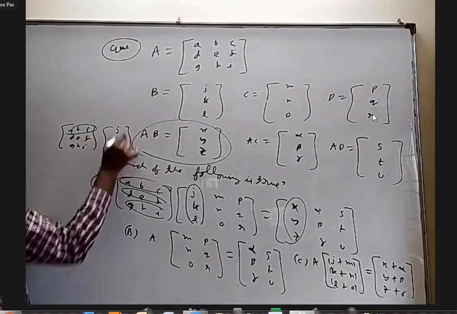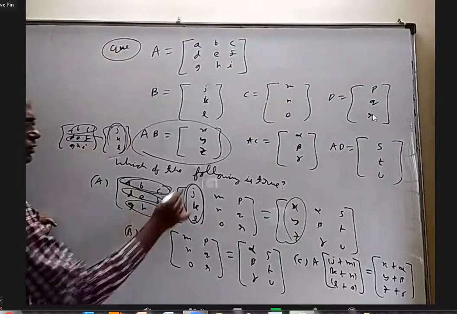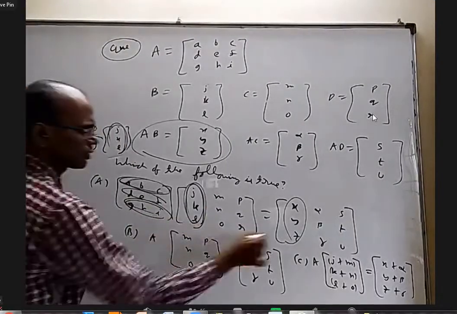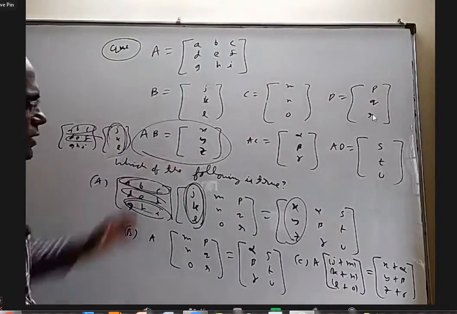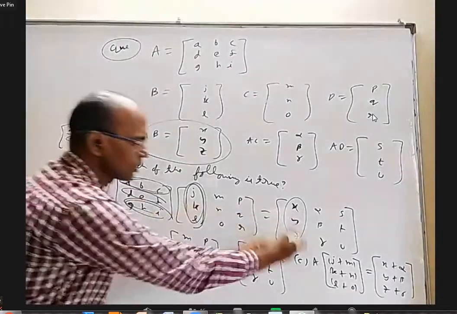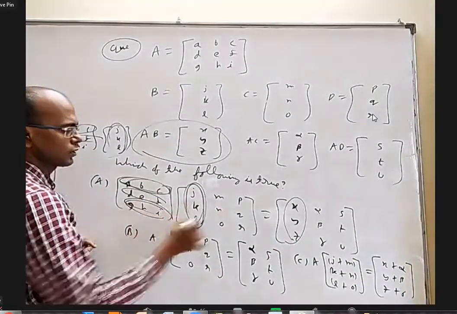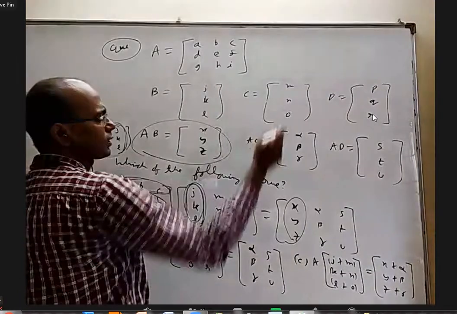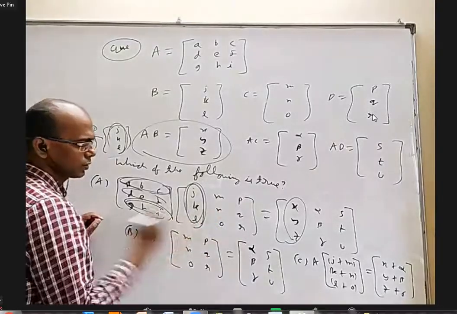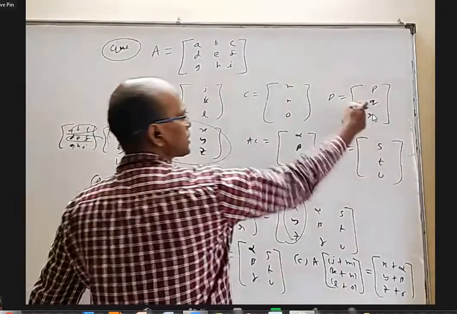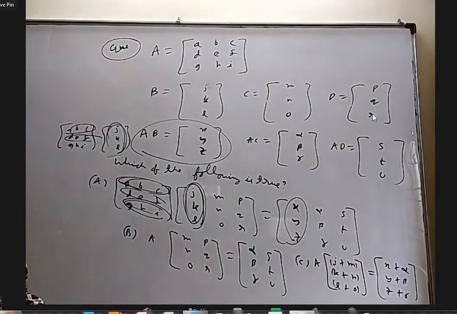A, B, C into J, K, L. So exactly this into this is X. Similarly, this into this is Y. Similarly, this into this is Z. So the product of these two is this first column. Similarly, this into the second column, this into the second column, this into the second column will give alpha, beta, gamma. Similarly, this into the third column, this into the third column, this into the third column, as good as this product, which is this. So option A is correct. Yes, option A is correct.